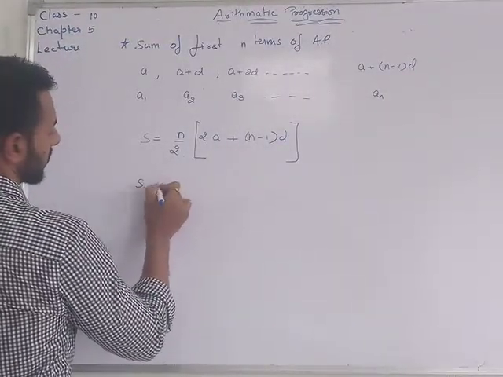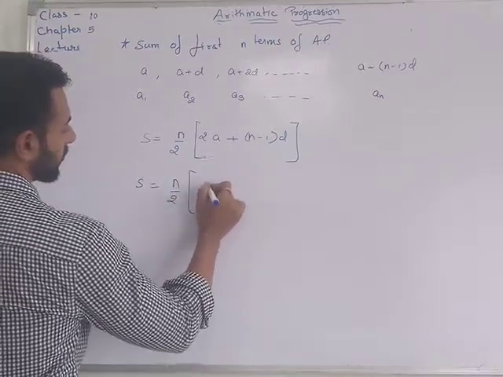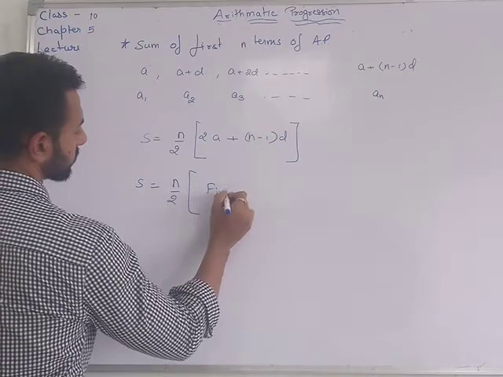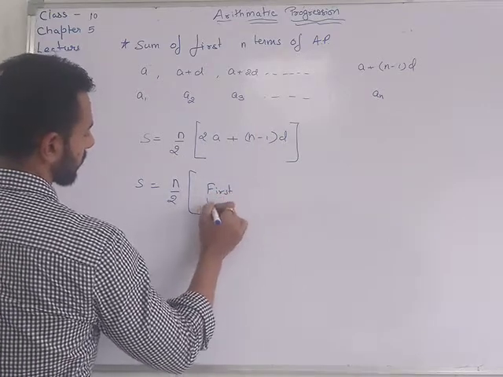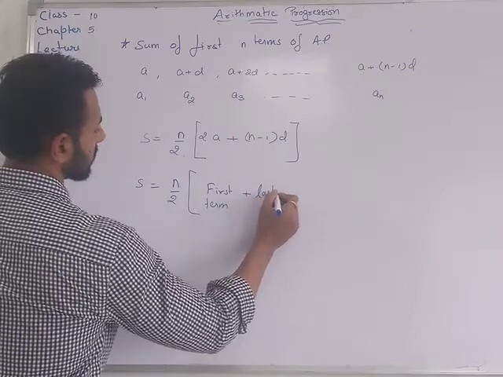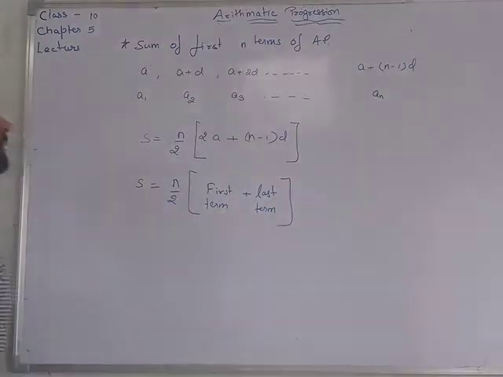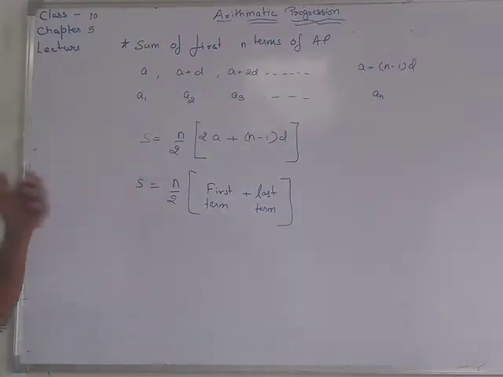The sum can also be given by n by 2 into (first term plus last term). So we have to use these two formulas to identify the sum of n terms of arithmetic progression. Let us see the question based on this formula.